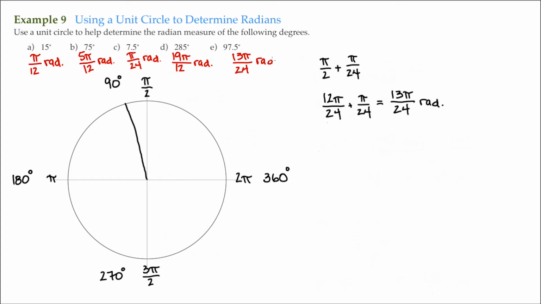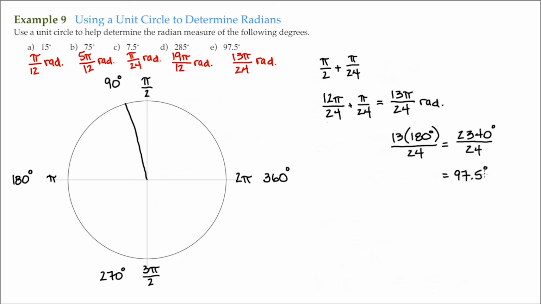And again, we can check it by changing our radian measure to degrees. So we'll do 13 times 180 degrees over 24. 13 times 180 degrees, that's 2,340 degrees, divided by 24, and that does come out to be 97.5 degrees.